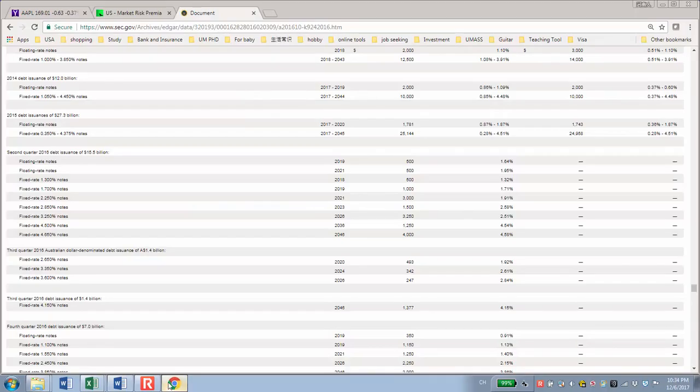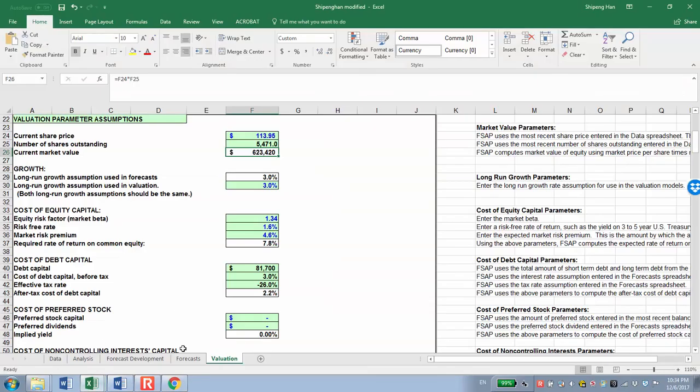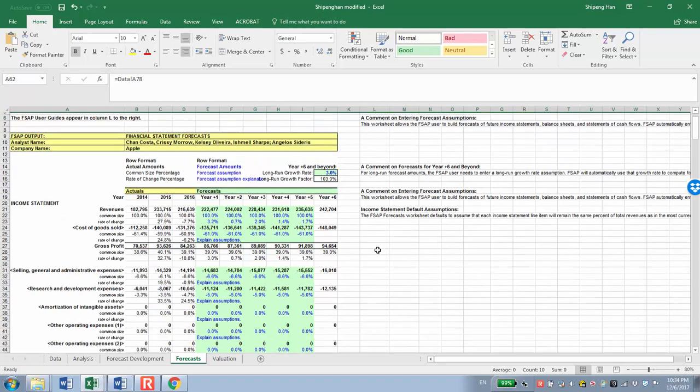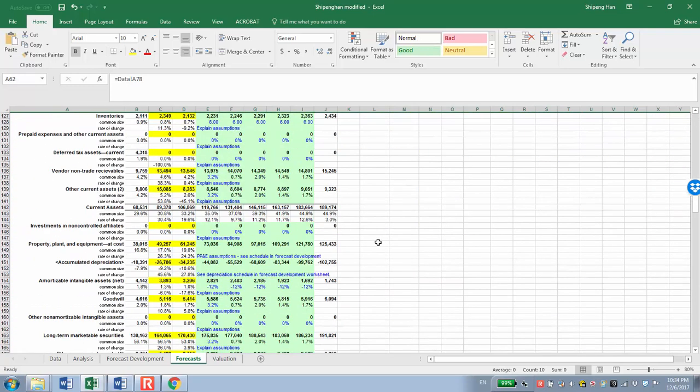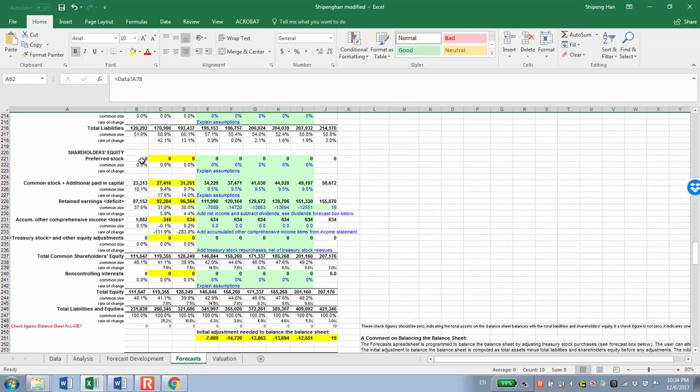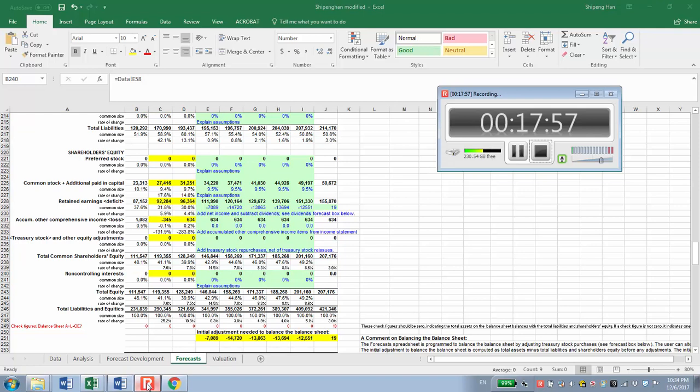For Apple, let's go back to the forecast balance sheet. Preferred stock for Apple is 0, so there's no preferred stock and no return on preferred stock. We just simply enter 0 for this part. Non-controlling interest is again 0. So it is very simple.